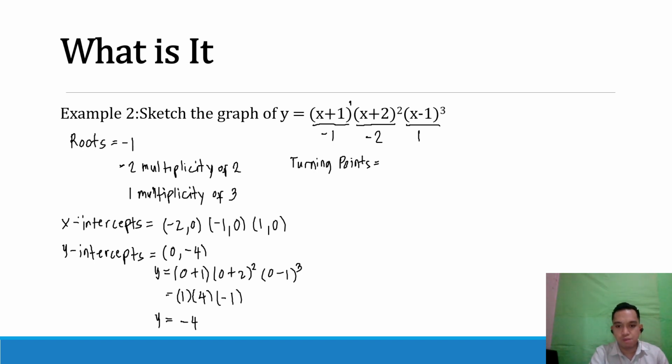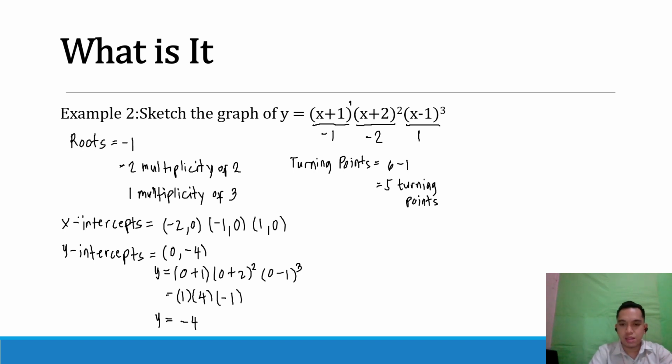So, 1 plus 2, 3 plus 3 is 6. So, 6 yung ating degree, minus 1 is equal to 5. So, mayroon tayong 5 na turning points sa ating polynomial function dito sa number 2.